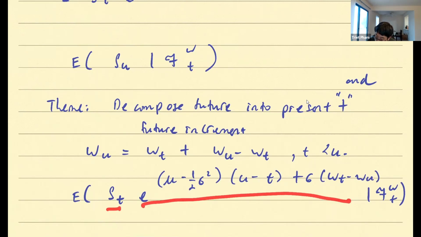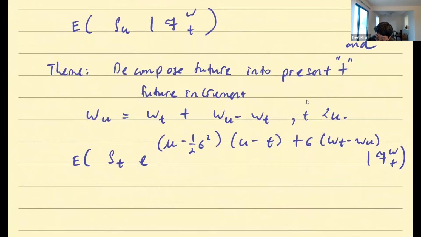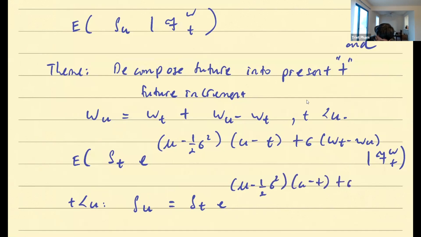This is the future increment, right? So what I'm claiming is for any T less than U, S future is S present times the log return rate times (U minus T) plus sigma times the Brownian motion increment. Sorry, I keep writing the wrong order, W_U minus W_T.